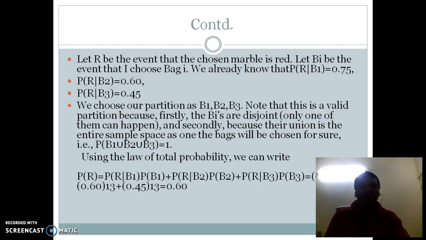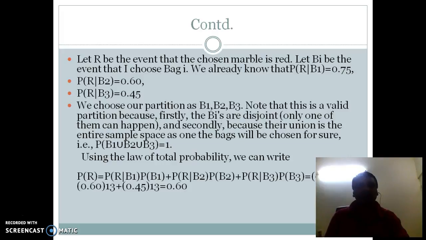Let R be the event that the chosen marble is red. Let Bi be the event that I choose bag i. We already know that P of R given B1 is equal to 0.75, P of R given B2 is equal to 0.6, P of R given B3 is equal to 0.45. We choose our partitions as B1, B2 and B3.